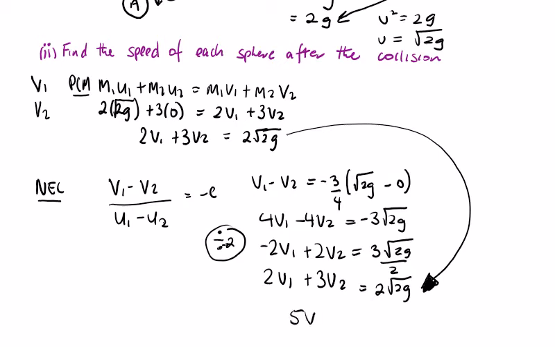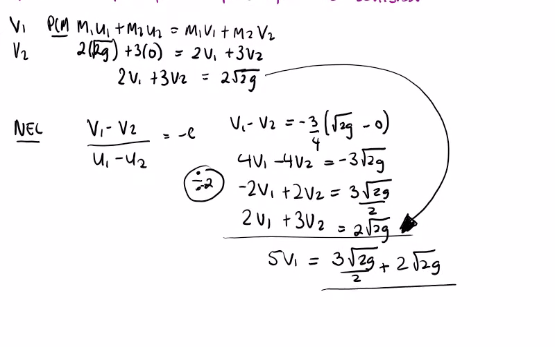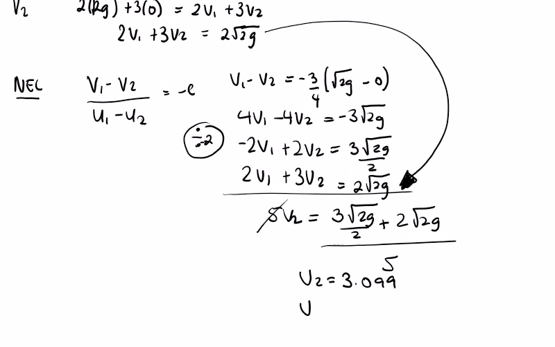So 5v2 is equal to 3 by the square root of 2g over 2 plus 2 by the square root of 2g. If we divide all that by 5, we get v2, and on a calculator that gives me 3.099, so we round that off to 3.1.